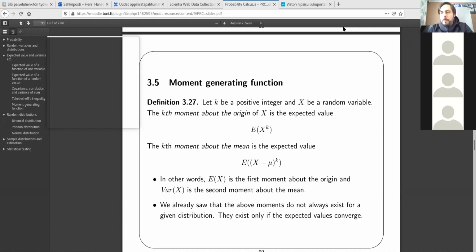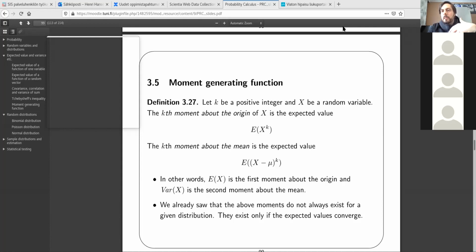The physical interpretation can be thought of as center of mass, moment of inertia, and so forth. And another one is Laplace transform for probability distributions. I'm not going to be talking about this in great detail, and definitely not going to ask this in the exam.